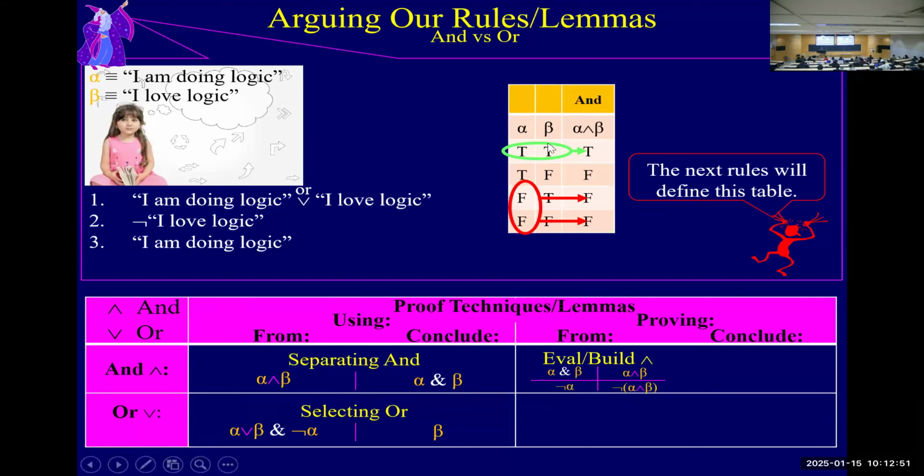And it just comes from this line here. And then what's this one down here? This one tells you, if I tell you that one of them is false, then the and is false, right? And you can see from the table that if alpha is false, then the and is false, right? Everybody buys that.